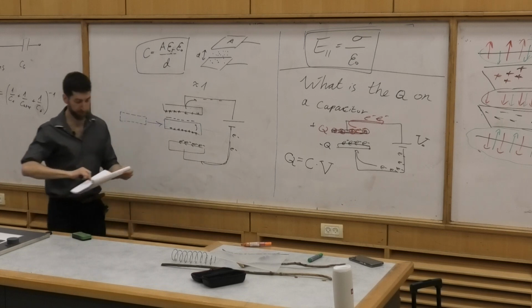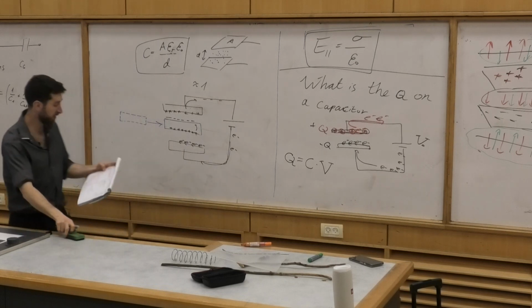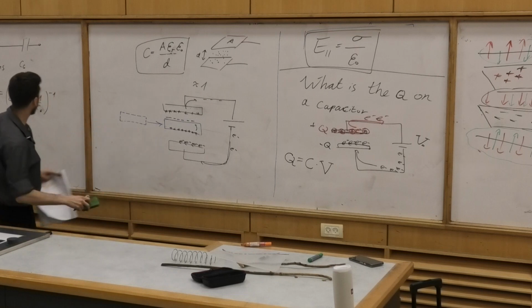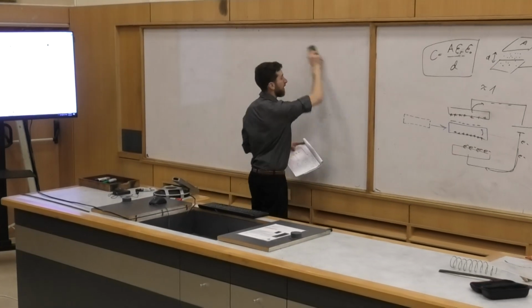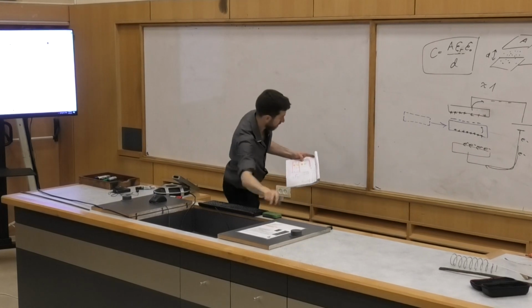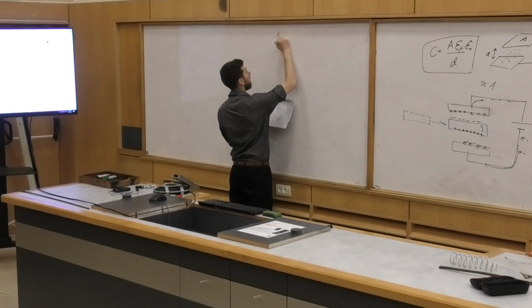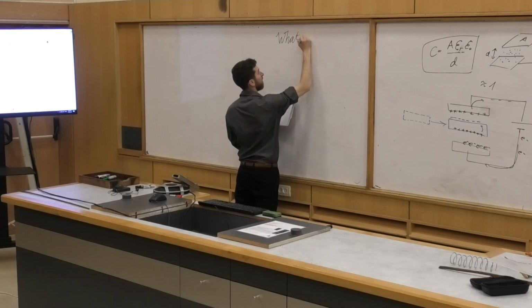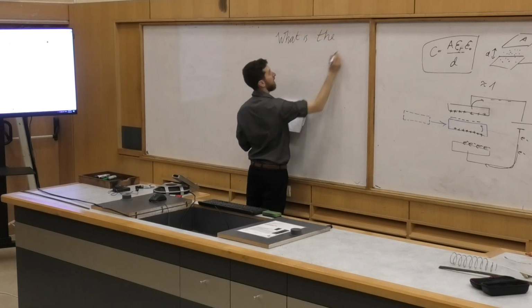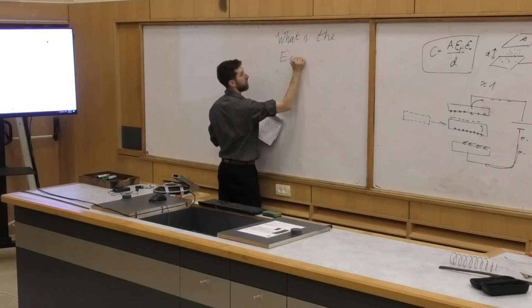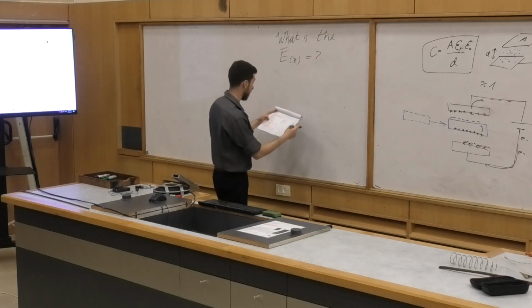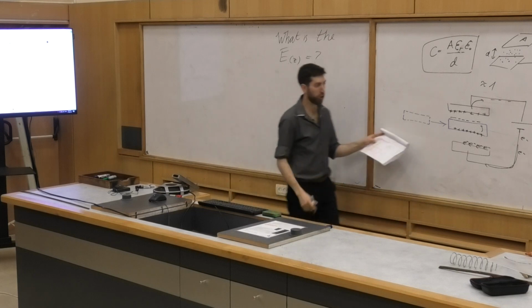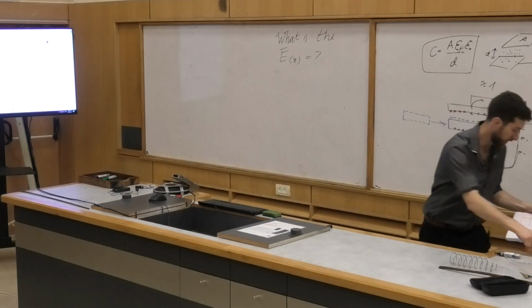You see it? Good. So I want to ask you, what is the electric field in space in this configuration? If we're going to draw it, let's just draw the electric field ourselves.